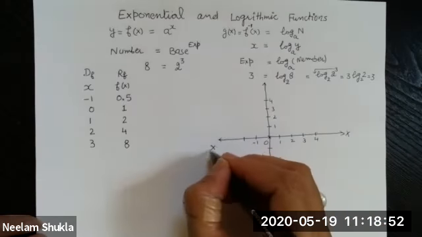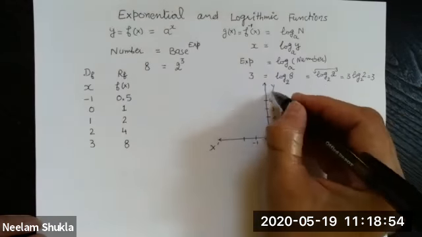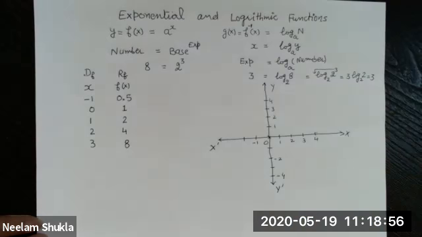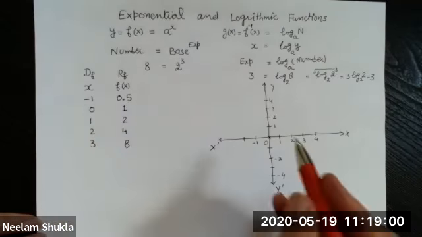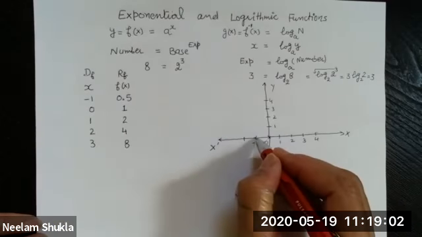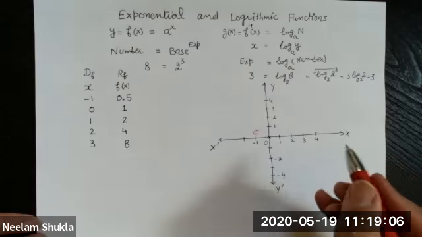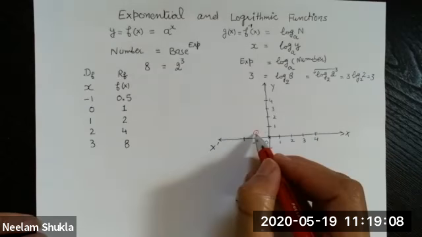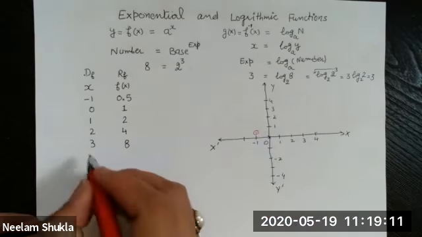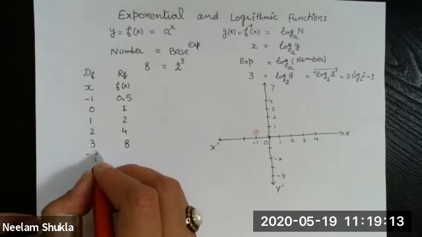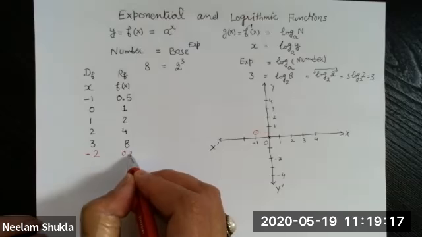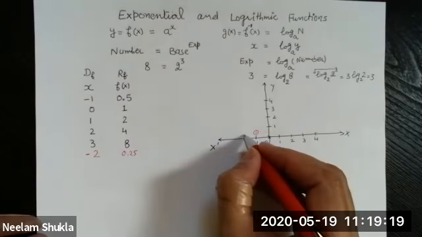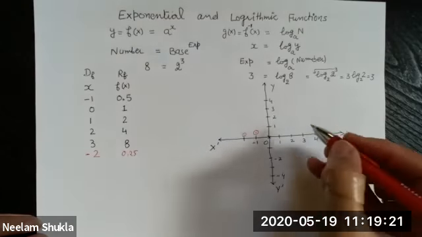Let's graph this function. For x equal to -1, your f(x) is 0.5. That point should be here, right in the middle. And if you go with one more negative point, for example, say -2, that will be 1/4, which will be 0.25. And that point will be more close to the axis.